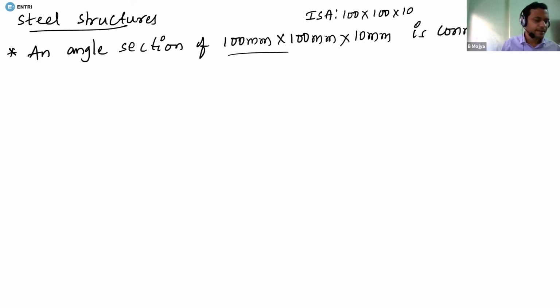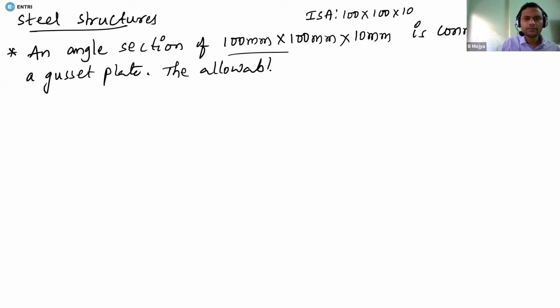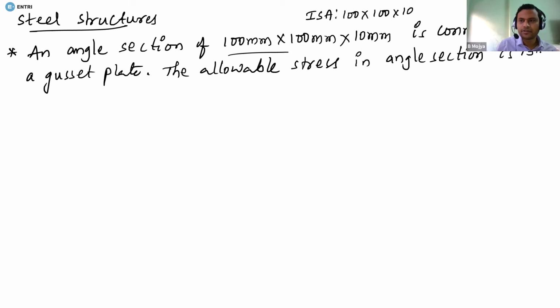The angle is connected to a gusset plate. The allowable stress in the angle section is 150 megapascal, that is Newton per millimeter square.